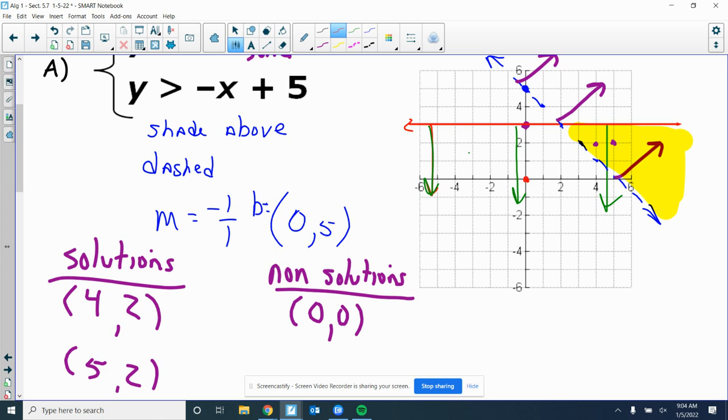Go ahead. 3, 2. Oh, my goodness. Right there, that's on the dotted line. It's not, but that's too close. Let's not mess with that one. Do another one. 1, 1. Yeah, I like that one. 1, 1. Is everybody good with that?